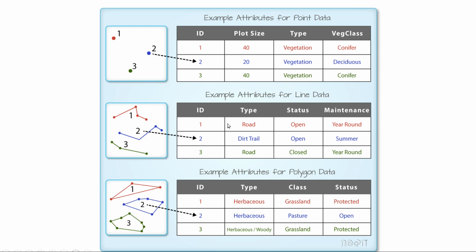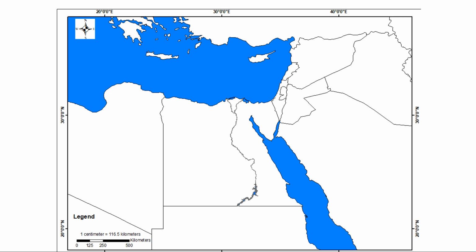So for instance, here data on the roads, is it open, is it closed, and so on, data that can be used, as we will see later on. This is an application of vector points and lines. So for instance, here Egypt, we can have this as a polygon. Even the Red Sea itself is present as a polygon. And for lines, we would have the Nile River. That's a line. It has a start, it has an end, it's not closed. That's why it's a line, not a polygon.